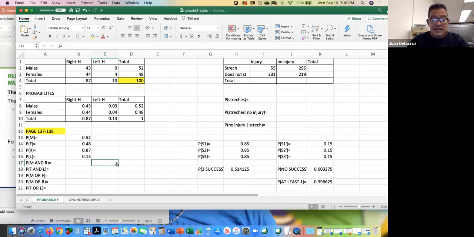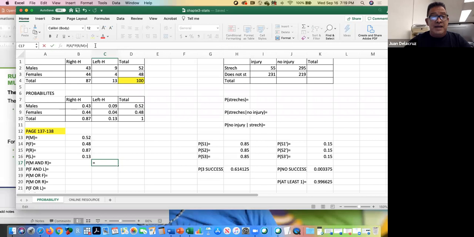So this is going to be the probability of A times the probability that the person is right-handed, given that is a man, right? So what we're going to do here is the following.